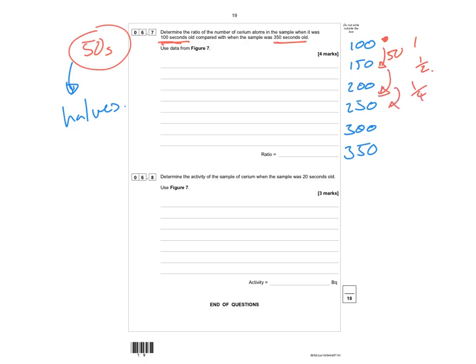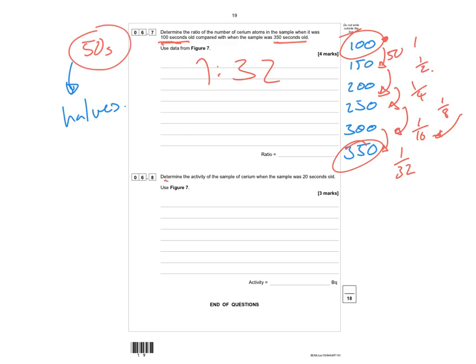It halves again, so we're down to 1/8. It halves again from 250 to 300, and we're down to 1/16, or a half of 1/8. And then from 300 to 350, we're halving again to 1/32. So we can say, therefore, that our ratio is 1/32 from here compared to what we started with.